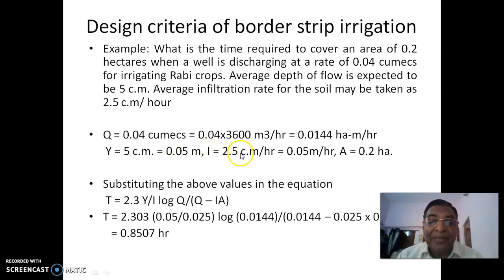I, the infiltration rate in centimeters per hour, is again converted into meters per hour, and the area to be irrigated is 0.2 hectares. So simply substituting those parameters in this equation, the time required with the given parameters is 0.8507 hours. So this is how you can calculate.